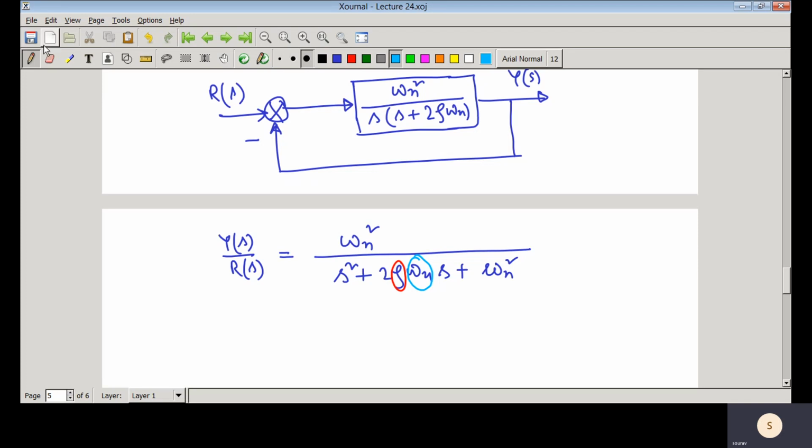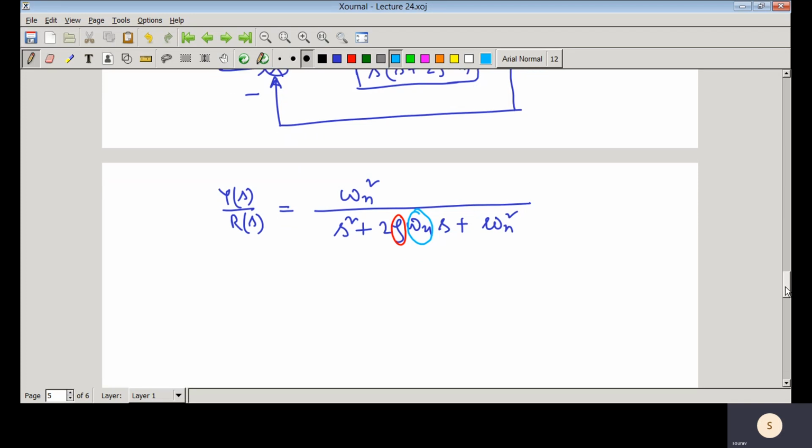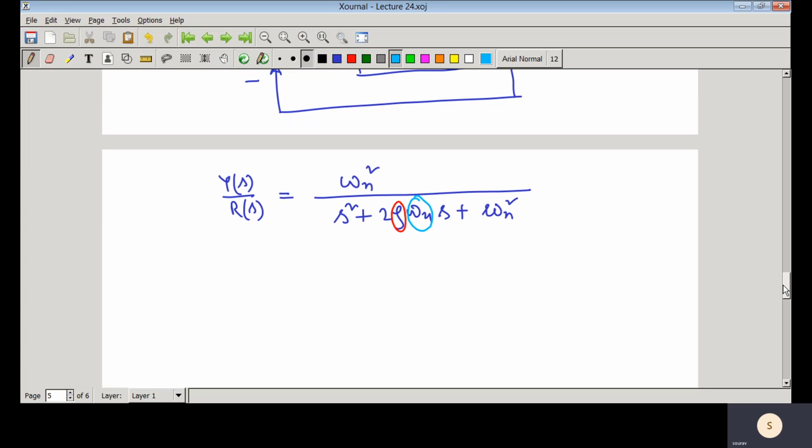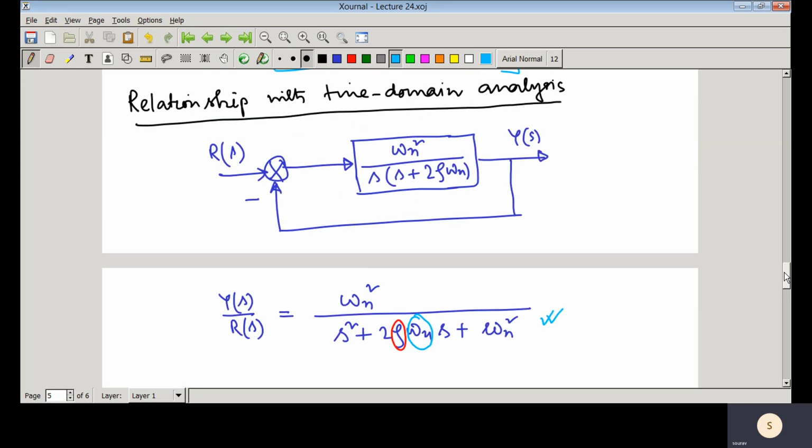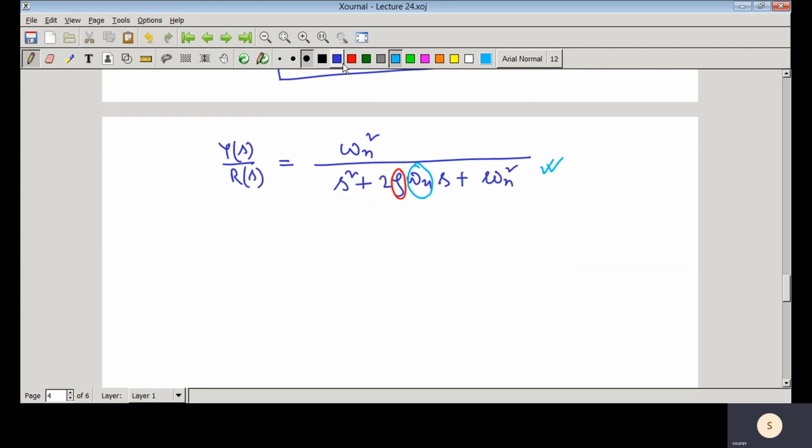Now we are going to discuss how those time domain specifications are related with the frequency domain specification, and here frequency domain means the closed loop frequency response. This transfer function is a second order closed loop transfer function from input to output. In the Bode plot we have seen how the frequency response of a second order term looks.